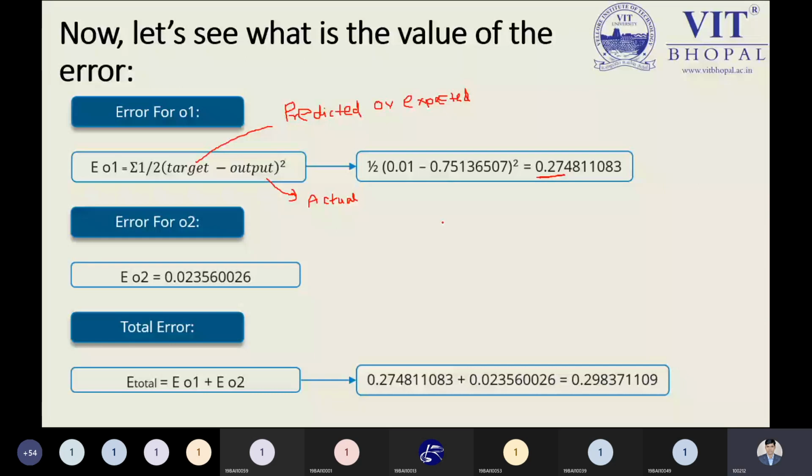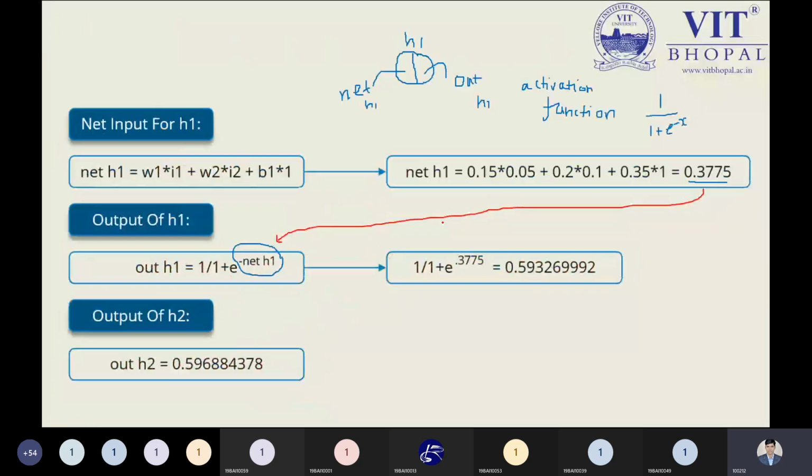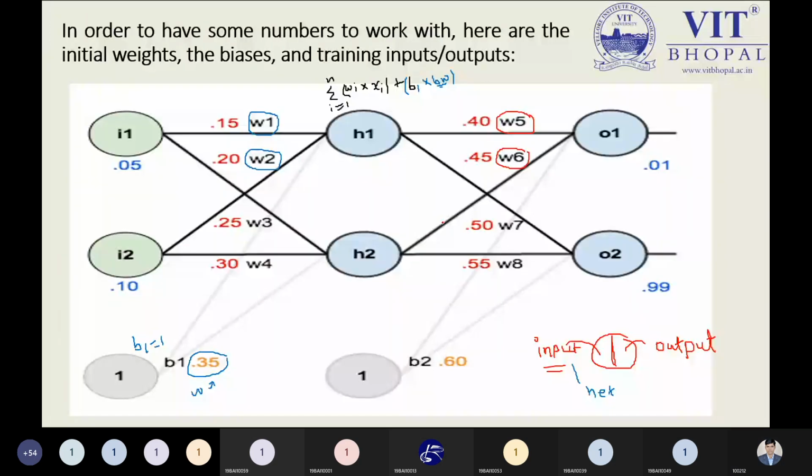Now the next step is the most important step. Backpropagation is saying that you are required to update the weights.